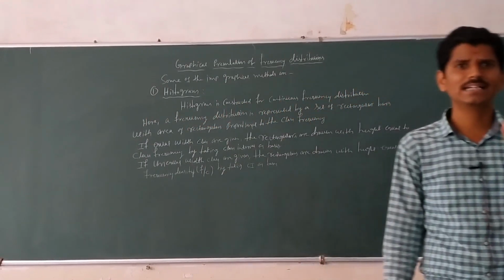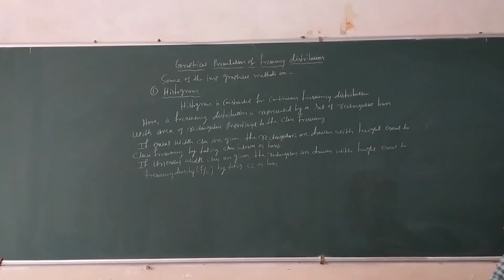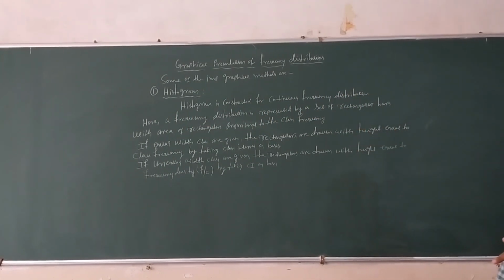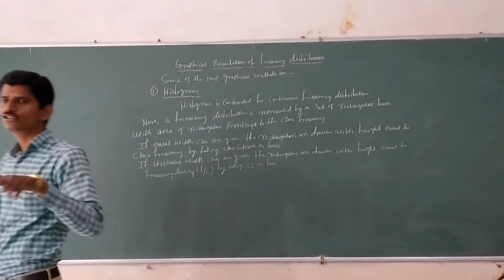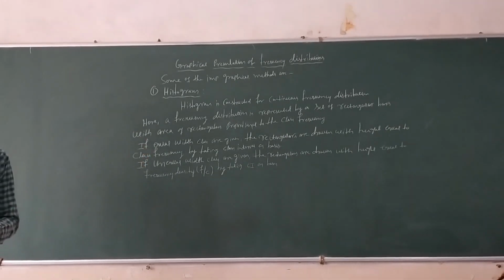Suppose the class intervals are of unequal width, then the rectangles are drawn with height equal to frequency densities by taking class interval as a basis, means class intervals are taken along the x-axis. Okay.